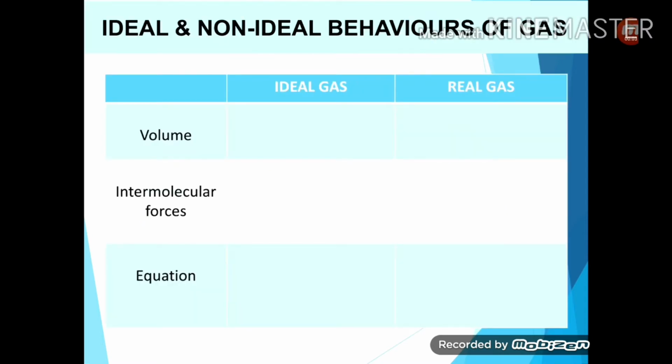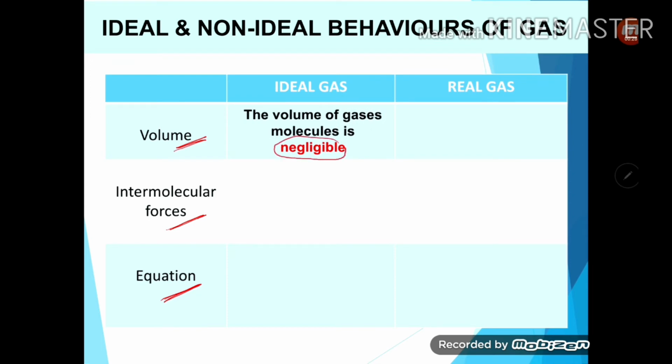Ideal and non-ideal behavior of gas. So what is the difference between ideal and non-ideal behavior of gas? Okay, so we will discuss the difference in terms of volume, intermolecular force, and the other one is equation. For ideal gas, the volume of gaseous molecules is negligible.